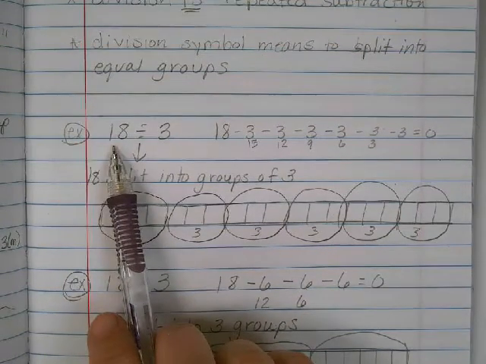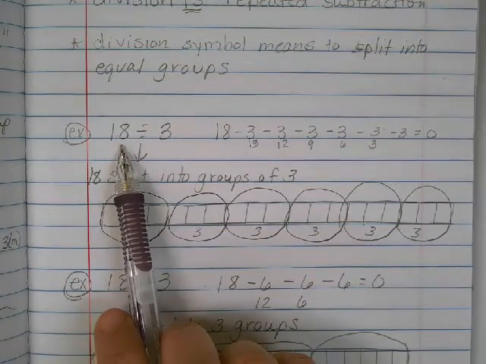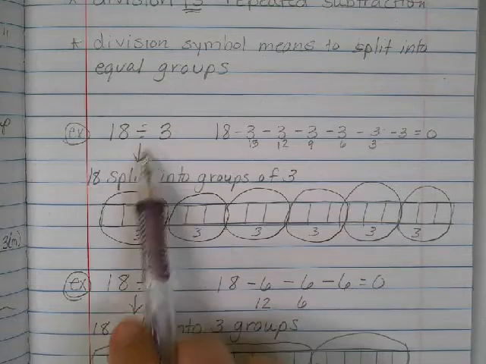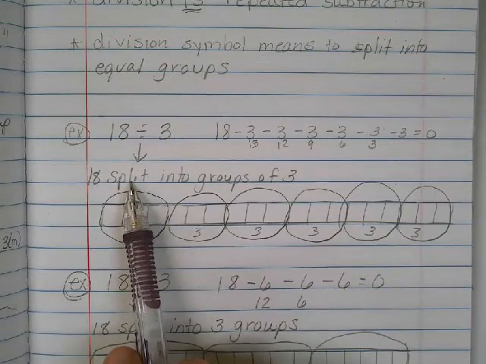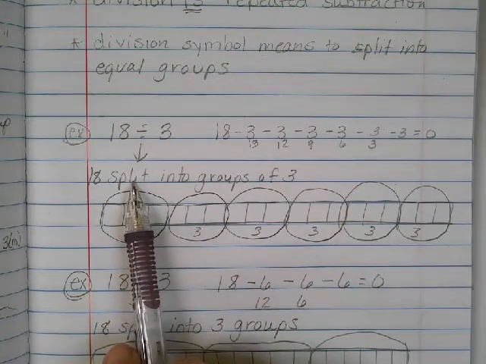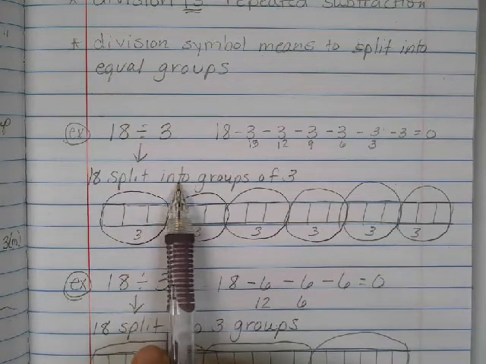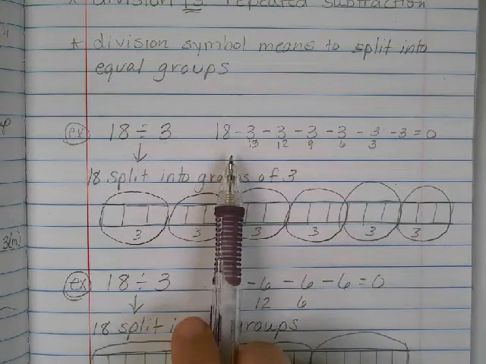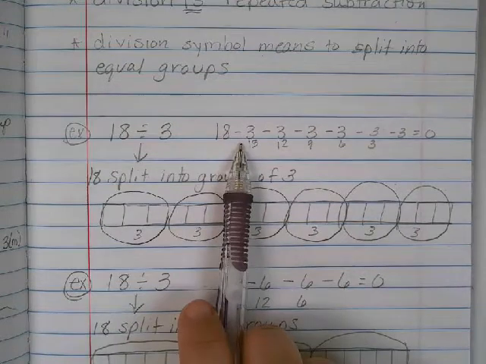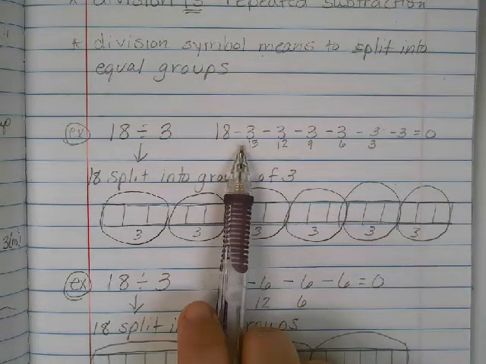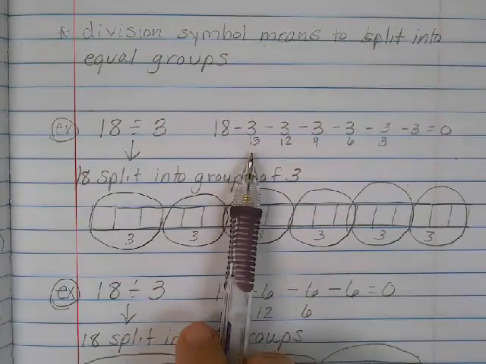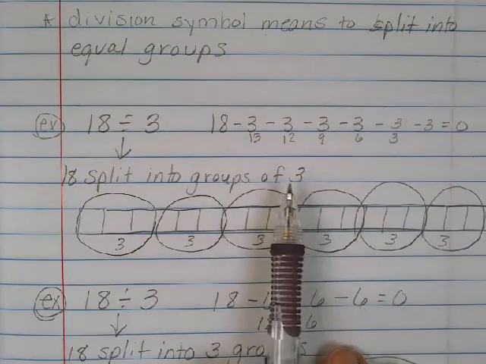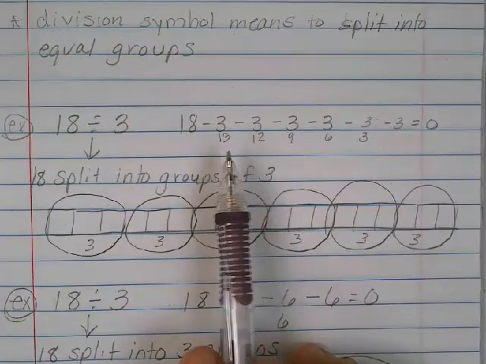So in today's example, I used the expression 18 divided by 3. And this time I interpreted this expression as 18 being split into groups of 3. So I tried the repeated subtraction first. In the repeated subtraction, what I did was I just subtracted 3 each time.